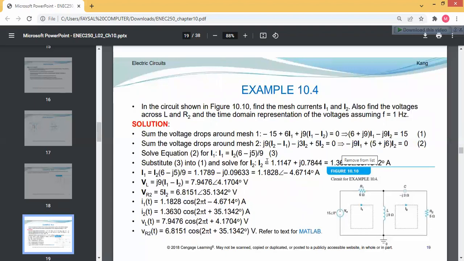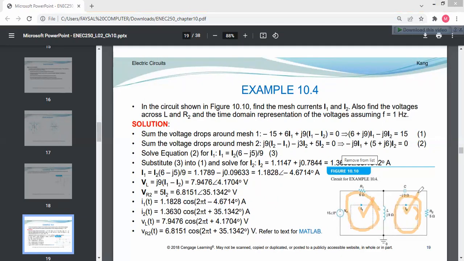For this, the first thing is I have to write for mesh 1. So where is mesh 1 and mesh 2? This is mesh point 1, which is basically I1, and this is mesh point 2, which is I2.